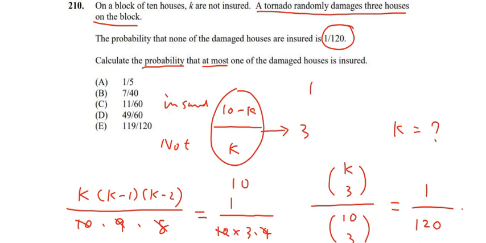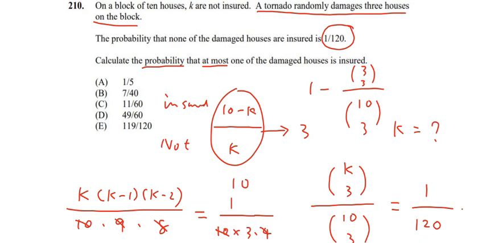So that equals 1 minus the opposite, where none of them is insured. So from here pick 3, and all are not insured. So just 3 choose 3.